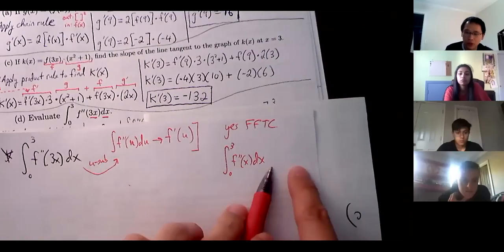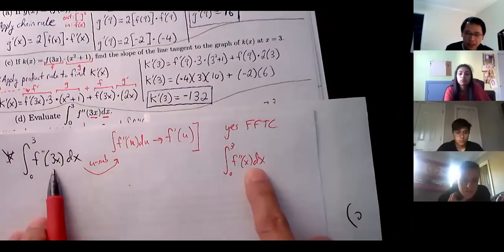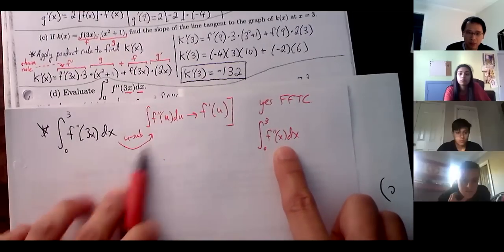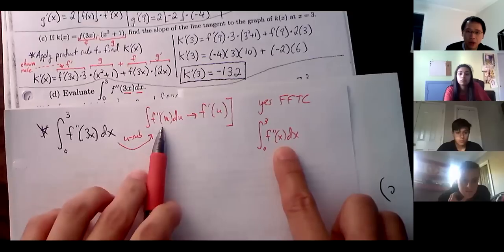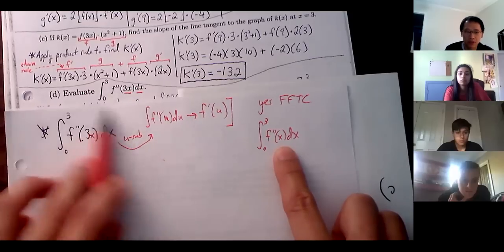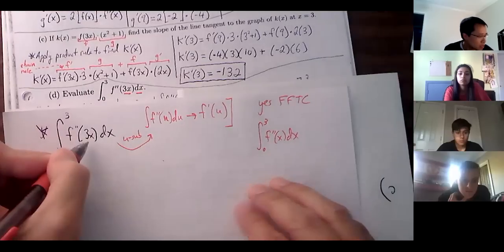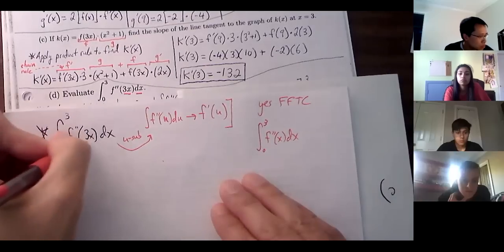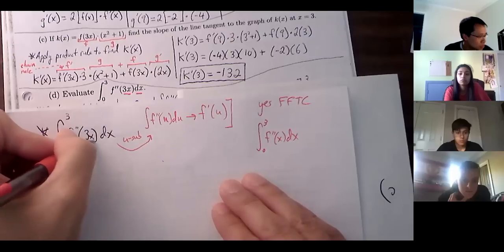There's no need to go through this use substitution, but that 3x is sticking out like a sore thumb. We gotta get this into the correct form before we do first theorem. Okay, so this is a way that these test creators are able to see how students do with their use substitution.